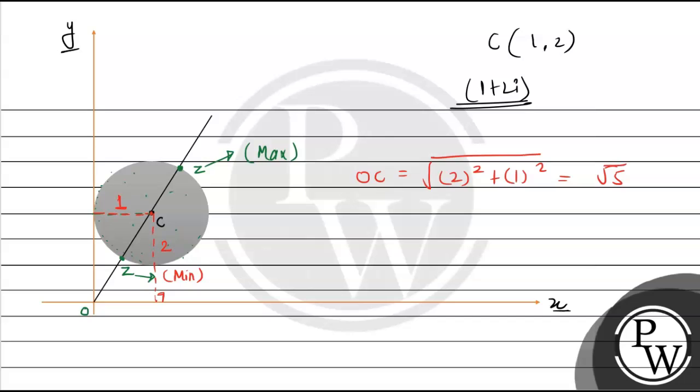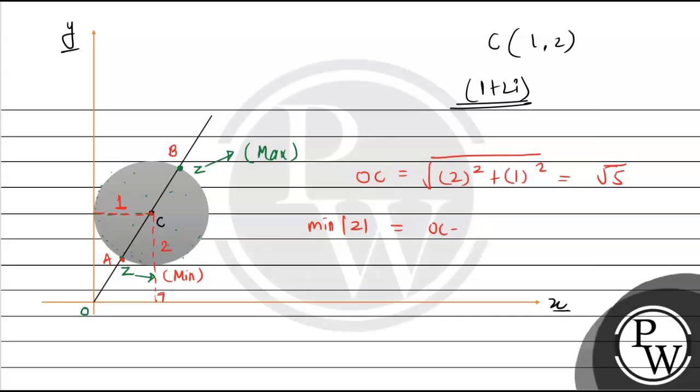This is the distance of OC, but we want to find the minimum Z. So that is from O to this point only. Here let's make it a point A and this as point B. Okay, so if I want to find minimum of Z modulus or magnitude of Z which is minimum, that will be OC minus OA. Okay, sorry, OC minus AC, right?